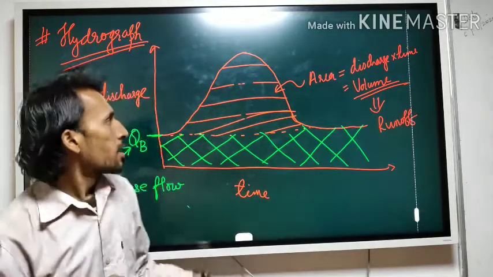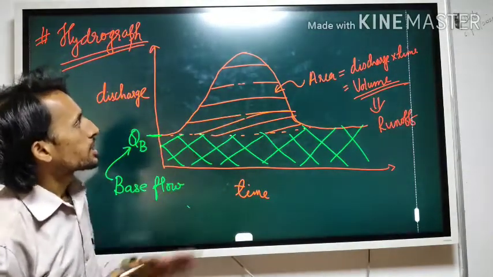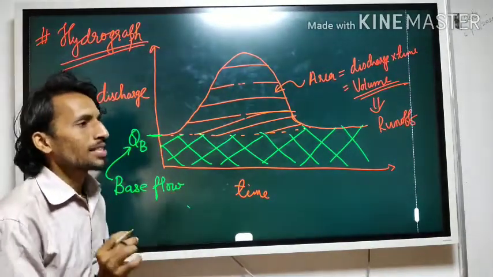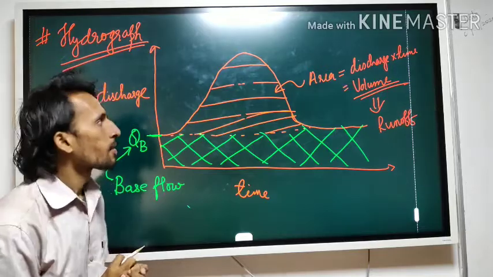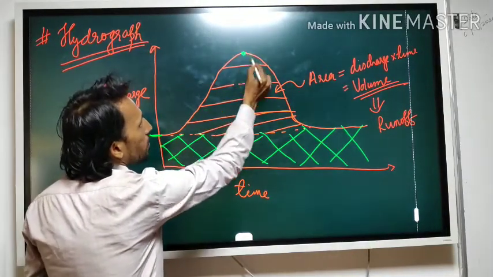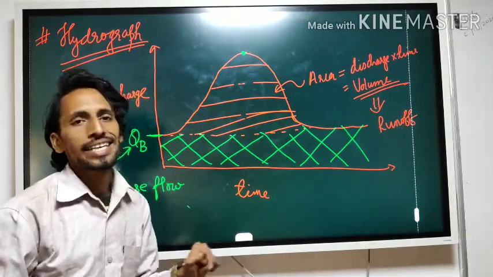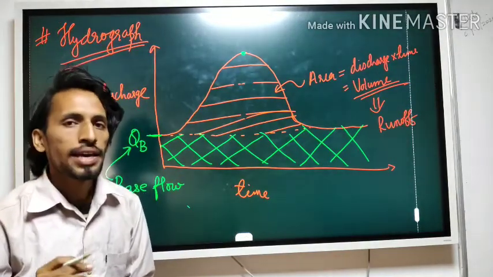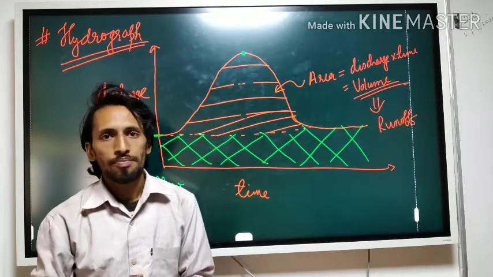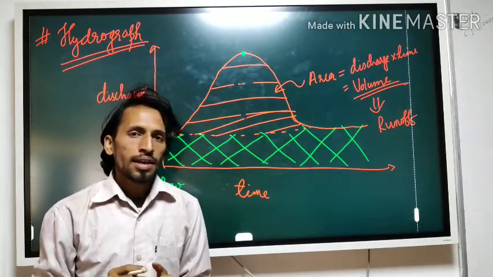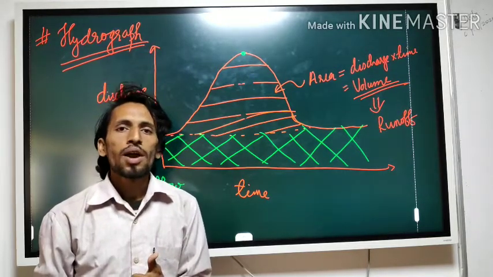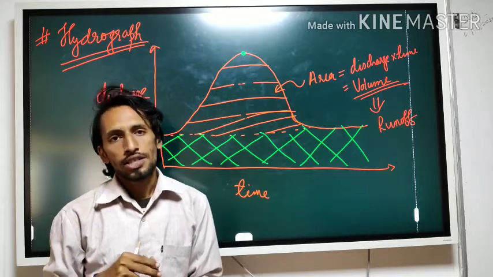Now when you understand this graph, a very important question that I should ask is: when should this graph start decreasing? कब ये ग्राफ में डिस्चार्ज नीचे जाएगा? What can be the options? First option can be when rainfall stops.